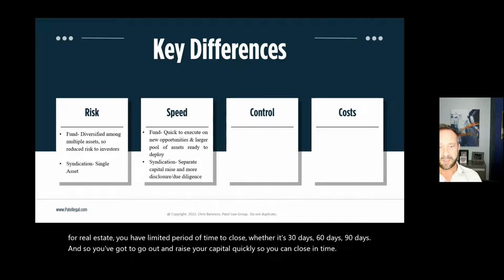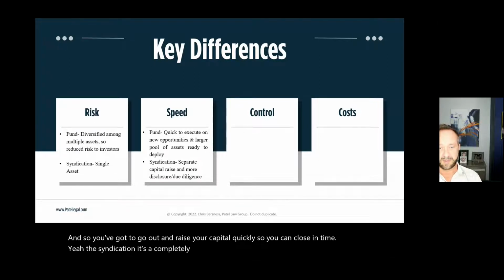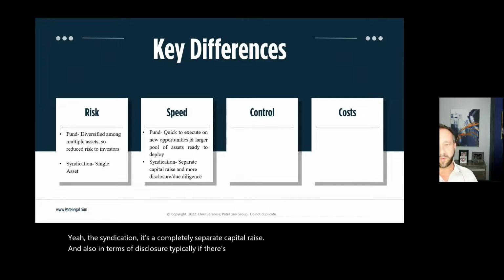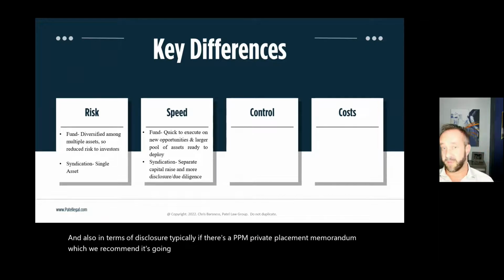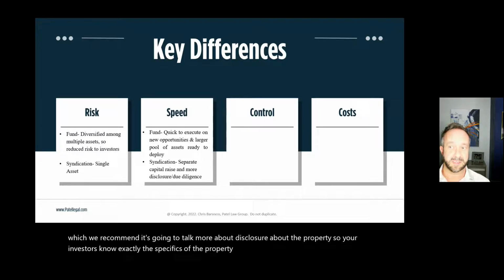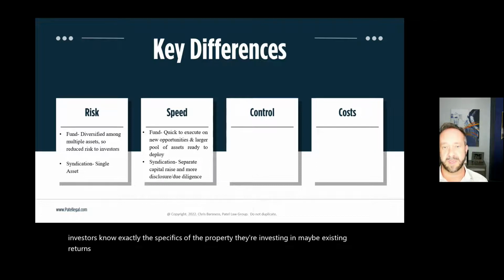Yeah, the syndication, it's a completely separate capital raise. And also in terms of disclosure, typically if there's a PPM, private placement memorandum, which we recommend, it's going to talk more about disclosure about the property, so your investors know exactly the specifics of the property they're investing in, maybe existing returns, the occupancy rate, all kinds of things that you would disclose in a syndication that take more time to put together.